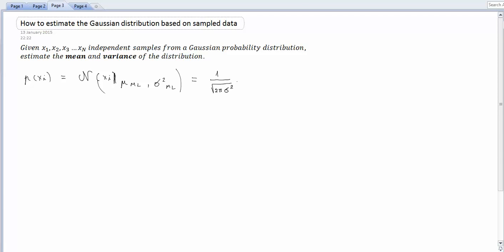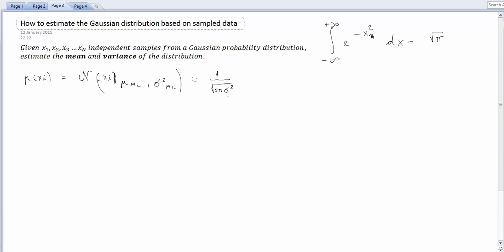Now this, more or less, you have to remember: you have the sigma squared, you have a pi under a root. And the thing with the pi under a root is that the integral of e to the minus x squared, from minus infinity to plus infinity dx, is the square root of pi.